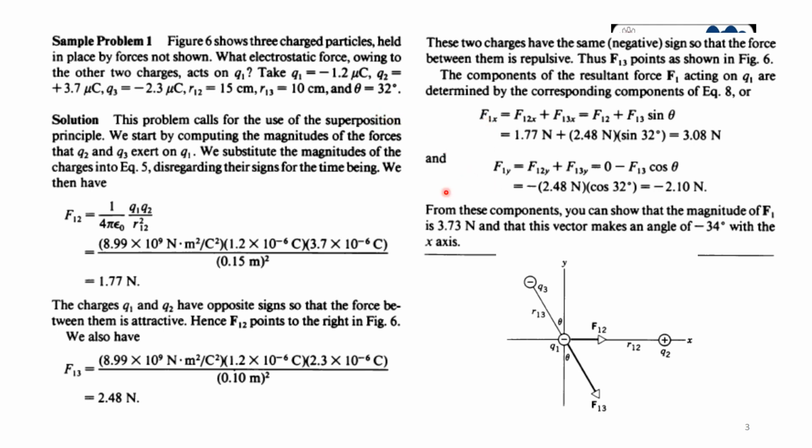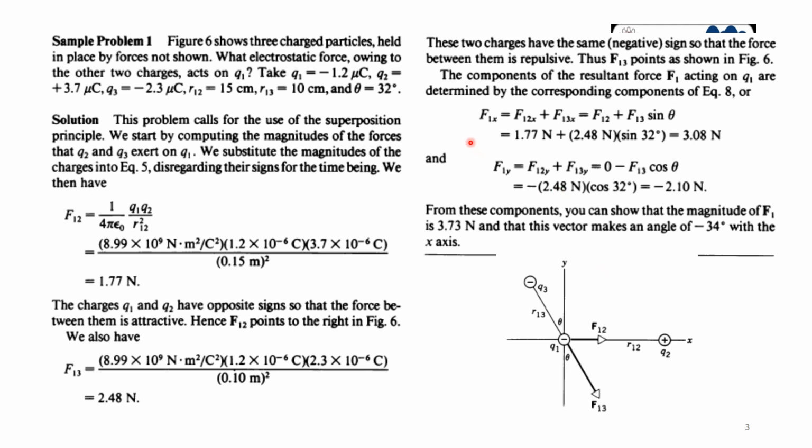If theta is created with the y axis, then Fx will be equal to F sine theta and Fy will be equal to F cos theta. We want to clarify again that theta is created with the y axis, not the x axis. Okay, clear this thing.